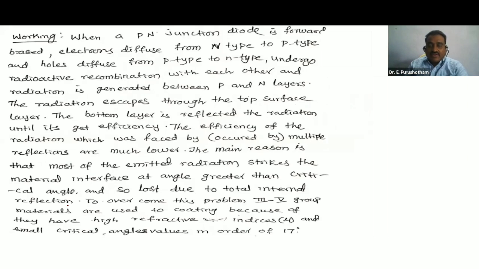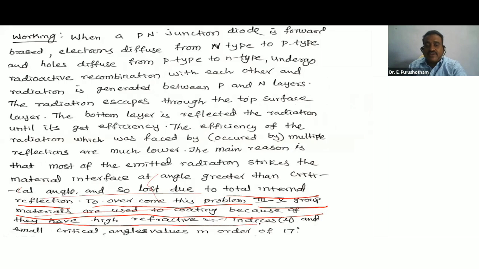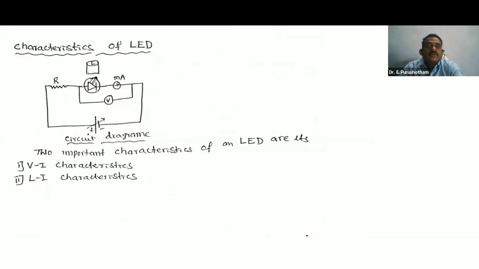To overcome the total internal reflection problem, third group and fifth group materials are used for coating, because they have a high refractive index mu and a low critical angle value, in the order of 17 degrees. This is the working. Now, the characteristics of the light emitting diode.